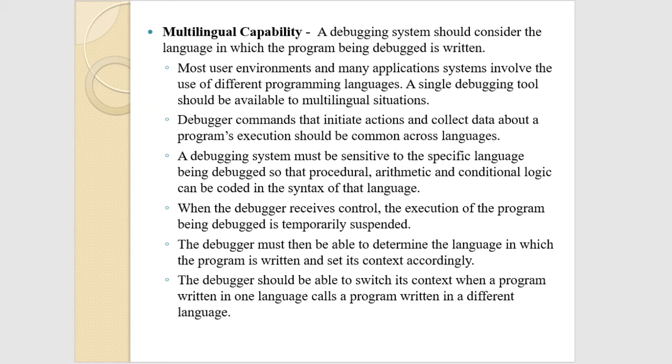The debugger commands that initialize actions and collect data about a program's execution should be common across languages. The debugger must be able to determine the language in which the program is written and set its context accordingly, which means a debugger should be able to switch its context when a program written in one language calls a program written in a different language.